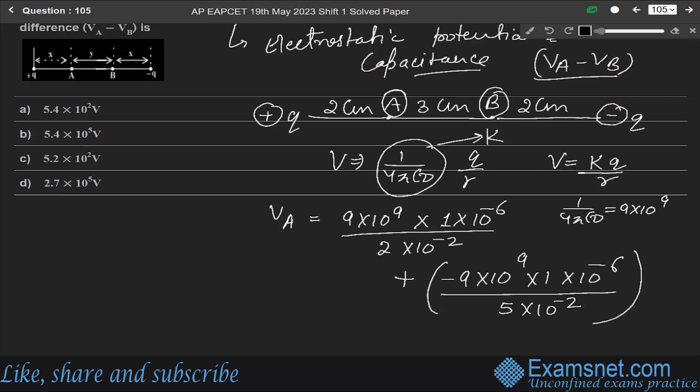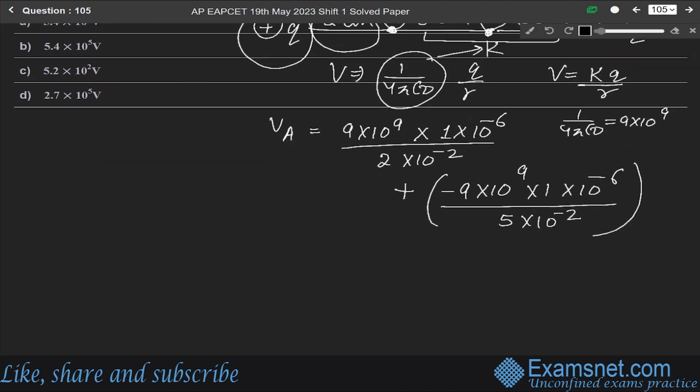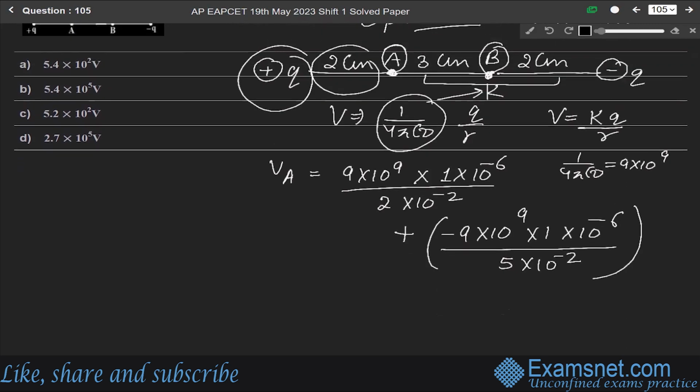Since we have to find the potential difference between A and B, for A we will use this positive charge plus Q, at a distance of 2 centimeter. From this negative charge, it is 3 plus 2, which is 5 centimeter.